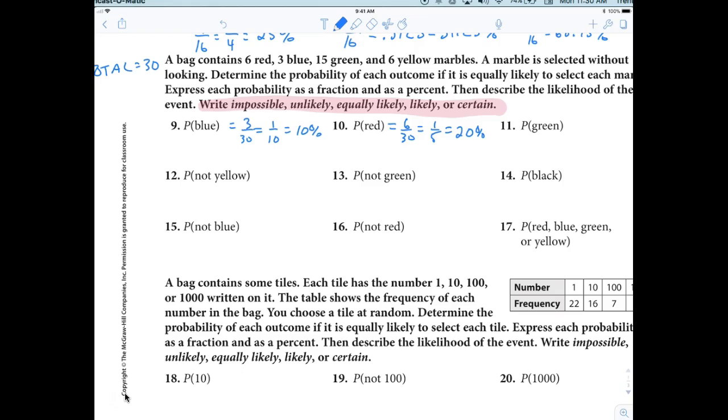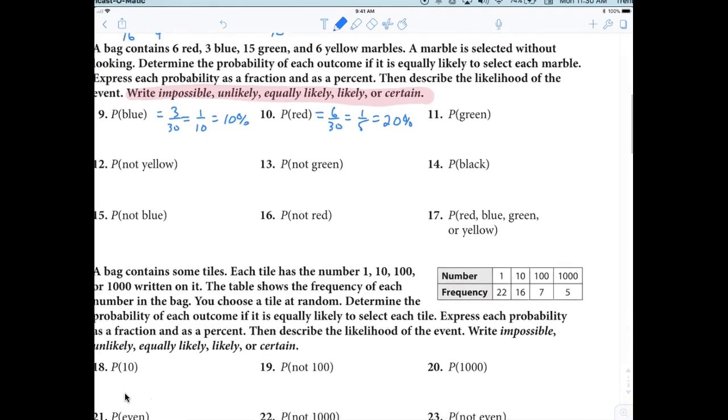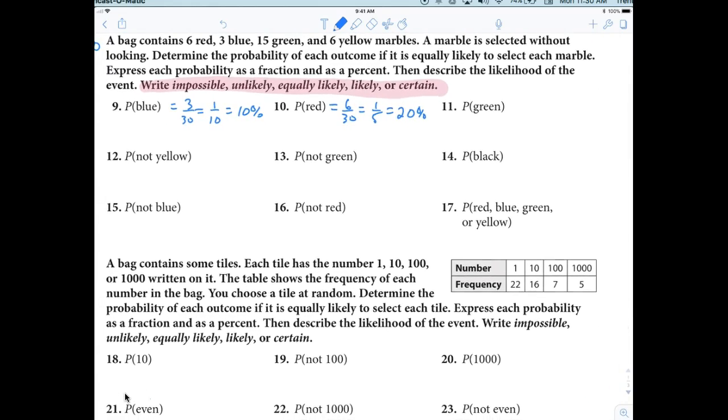All right. So, probability of getting a green. Ellis, what are you thinking? Yes. Oh, good. But I still want you to write 15 over 30.